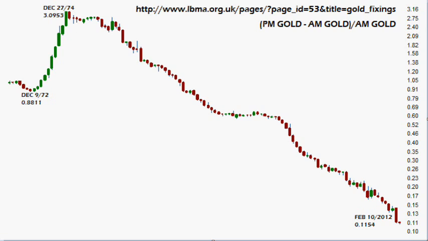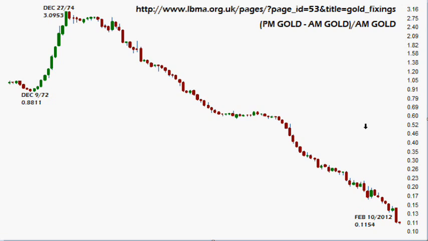day for gold. So by theory, I can take the PM gold price and subtract it by the AM price and divide it again by the AM price to get a percentage gain or loss for the day, which is what I've done. I started with 1. So this would tell you how many times it has gained or lost its value from a particular time frame.